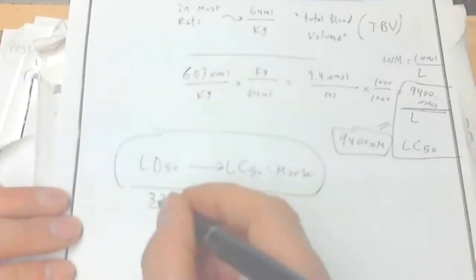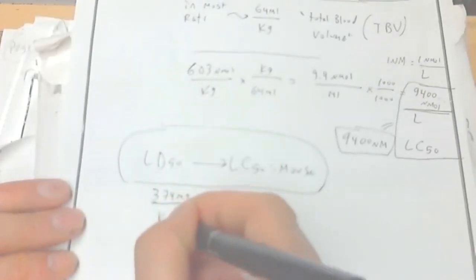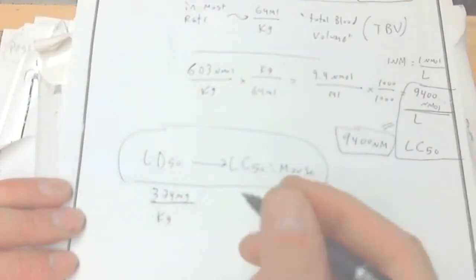So we're starting with the dose of 374 milligrams per kilogram. And then again, the drug's the same.